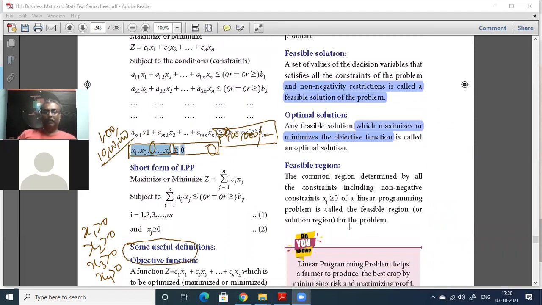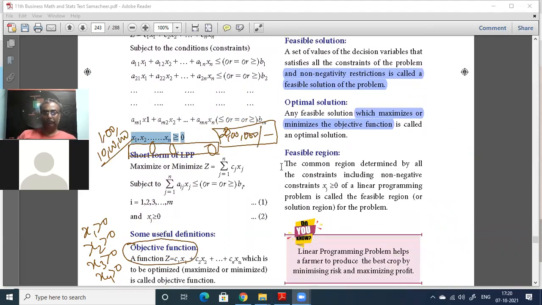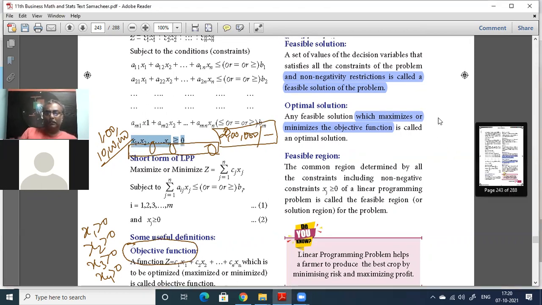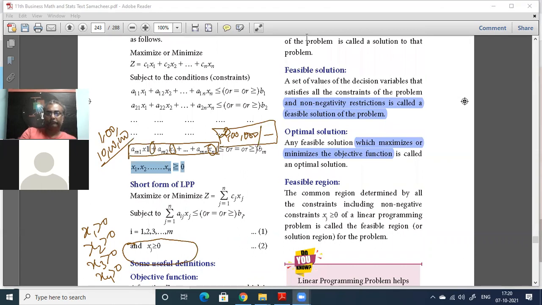Then you have to understand what is a feasible region. For the feasible region, you are taking a graph. Now what happens? Z is C1 X1 plus C2 X2, let us say 3X1 plus 2X2.